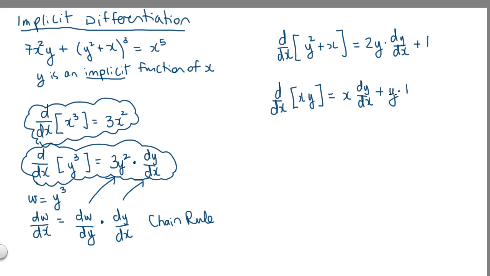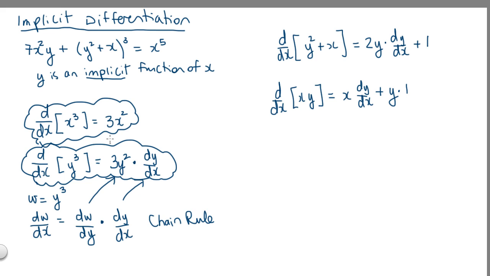So derivative of x is just 1. In other words, our derivative is x times dy by dx plus y. All right, so with those ideas in mind, whenever y is an implicit function of x, we have to be a little bit careful when taking derivatives of terms that involve y.